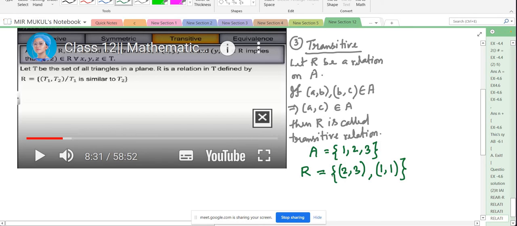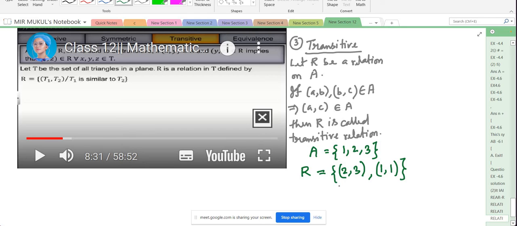So this is a relation because it is a subset of A cross A. Now if I ask, is it reflexive? What will be your answer? No, sir, because (1, 1) is present but (2, 2) is not there, (3, 3) is not there.